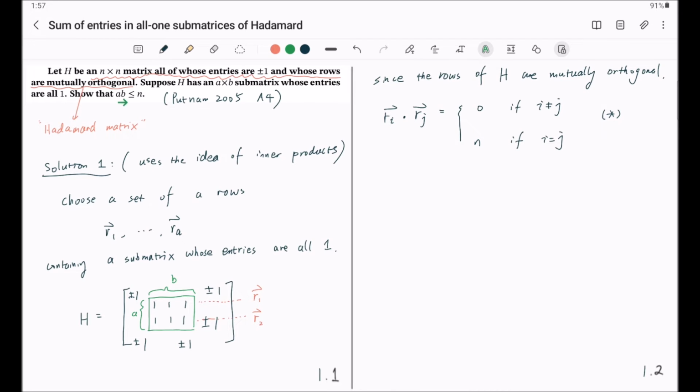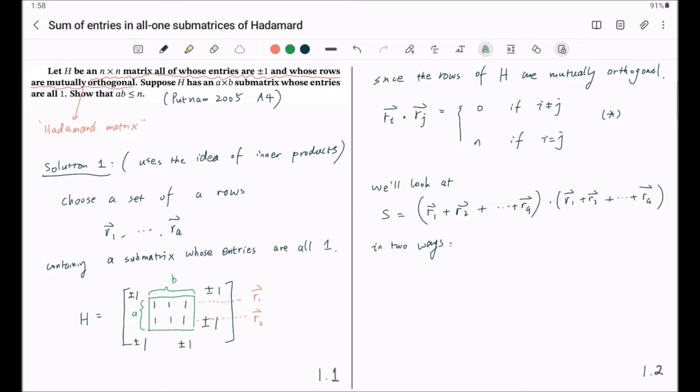Now, this inequality will be obtained by looking at the following quantity in 2 ways. We'll look at this quantity S, which is the inner product of R1 plus R2 plus all the way to RA, dot product with itself, in two ways.